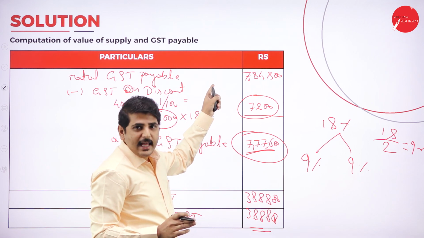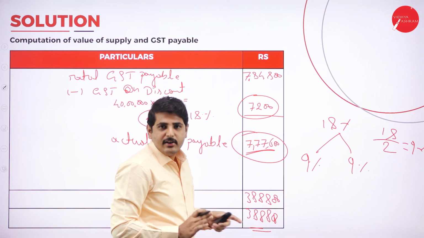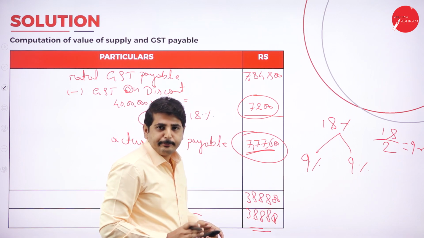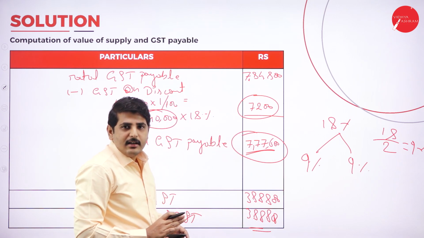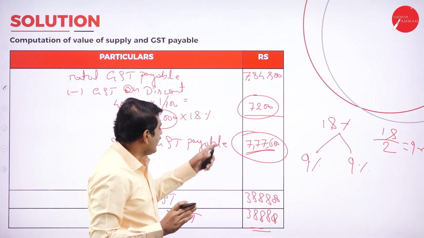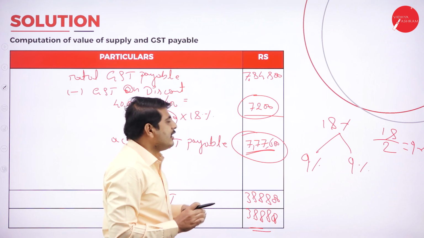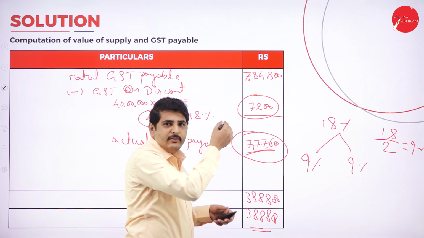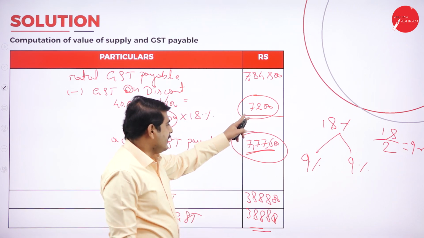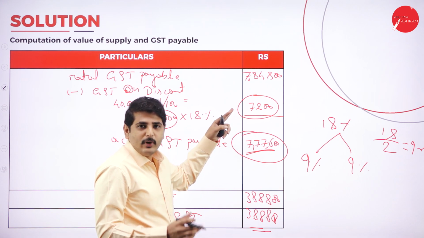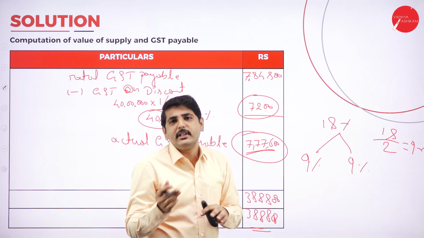So out of 40 lakh, we have deducted the 40,000, then it will become 39,60,000. So we should calculate the GST on 39,60,000. Instead of doing it directly, we have indirectly deducted the discount, because once he receives the amount, then only he will give the discount.